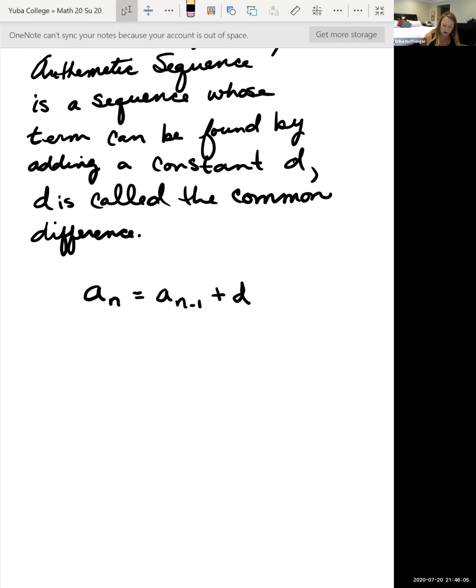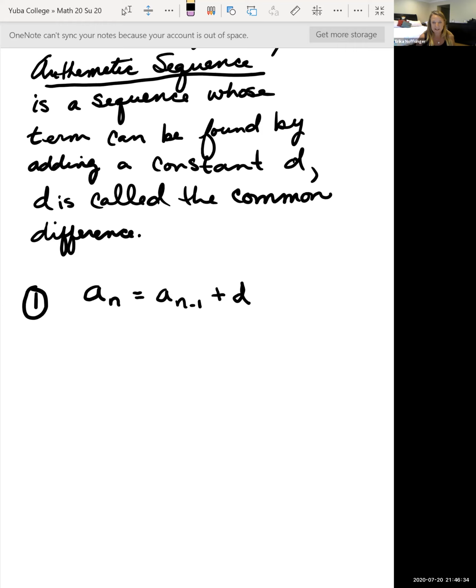So this is one formula that you need to know, what it means to be an arithmetic sequence. And this is one of the formulas that's going to be helpful. The other two formulas that are helpful, we can derive from this, knowing the definition of an arithmetic sequence. A term plus some constant equals the next term.